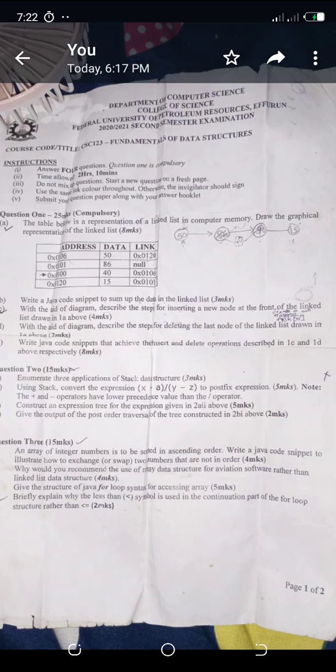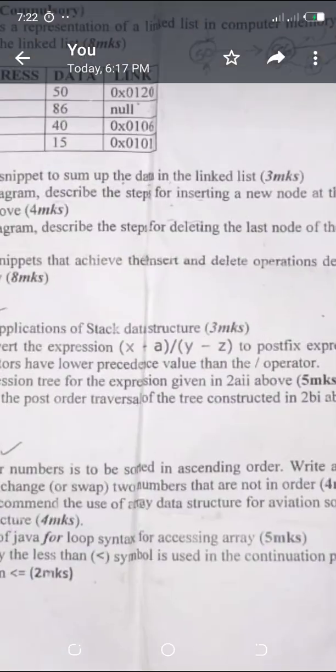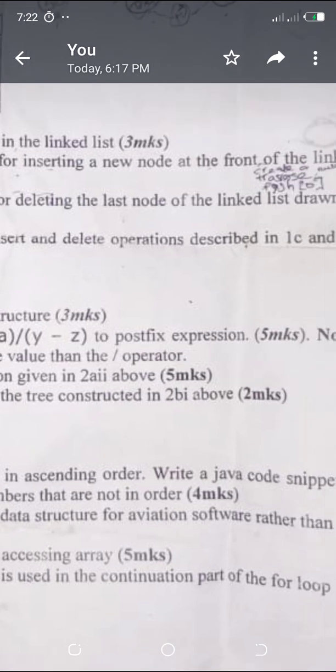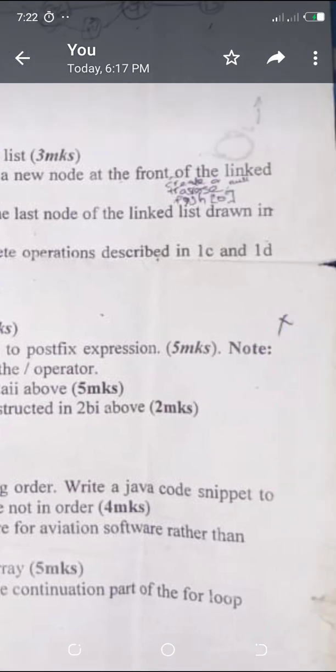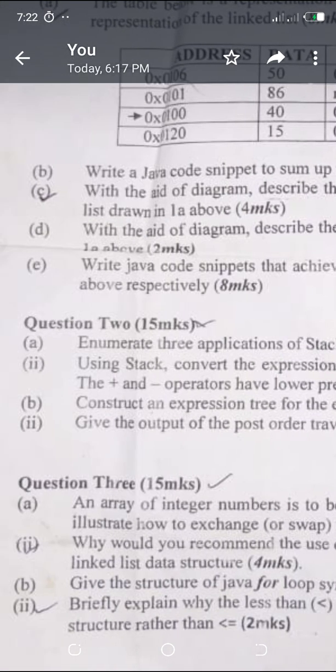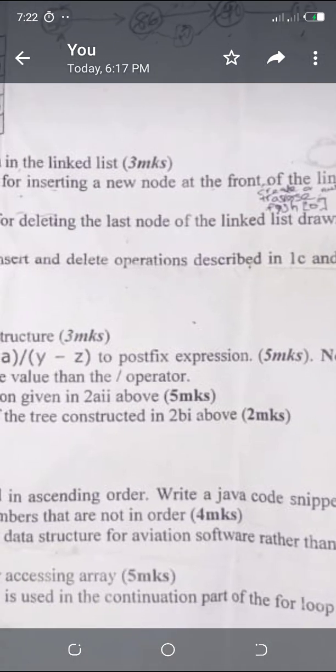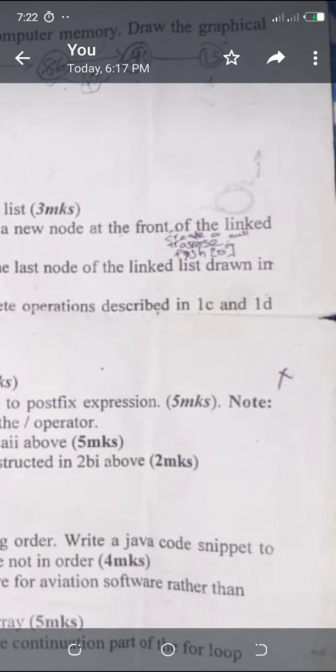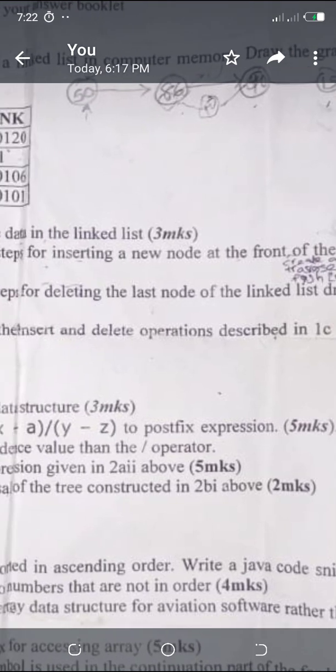While for E, it says write a Java code snippet that achieves the insert and delete operations described in 1C and 1D. Meaning here it's talking about the linked list. So it's saying how do you insert, that is add an item to the list, and how do you delete.